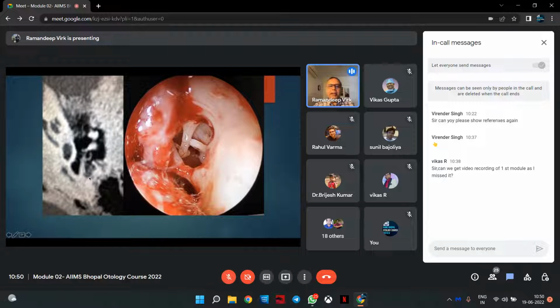So this is another of my cases. We had done a stapedotomy, and for a few years the patient was okay, but then after 4-5 years she developed a conductive loss once again. So we got a CT scan done, and look what we found. Do you see this loop of piston outside the incus? This was a displaced piston, and this corroborated with our findings when we opened up the case. The piston had moved out.